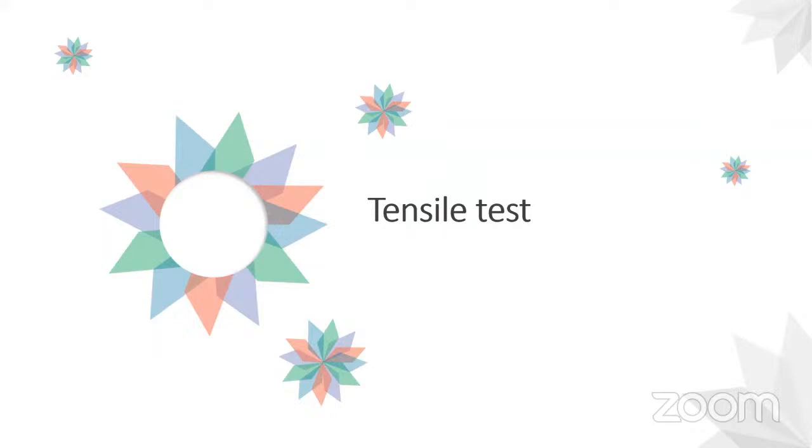We also studied what kind of specimen is required, why that test is important, what results we get from that test, and which polymeric properties we can study using it. So in today's lecture we will move forward with the tensile test method.